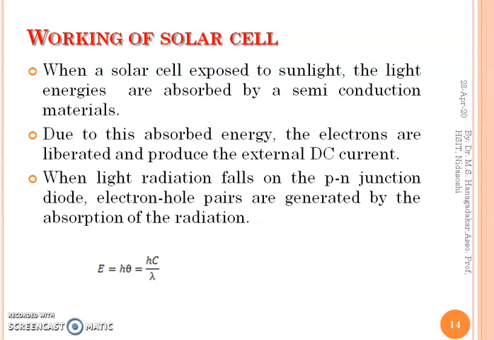But only those photons having energy in excess of the band gap energy can jump electrons from the valence band to the conduction band, and so convert solar energy into electrical energy.